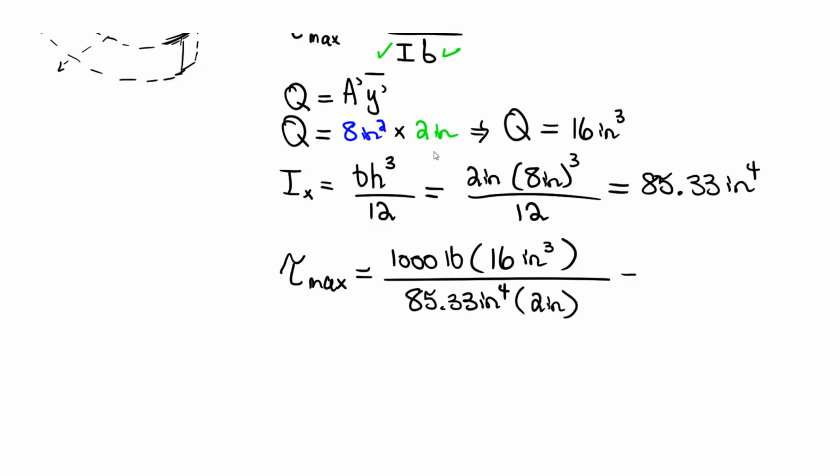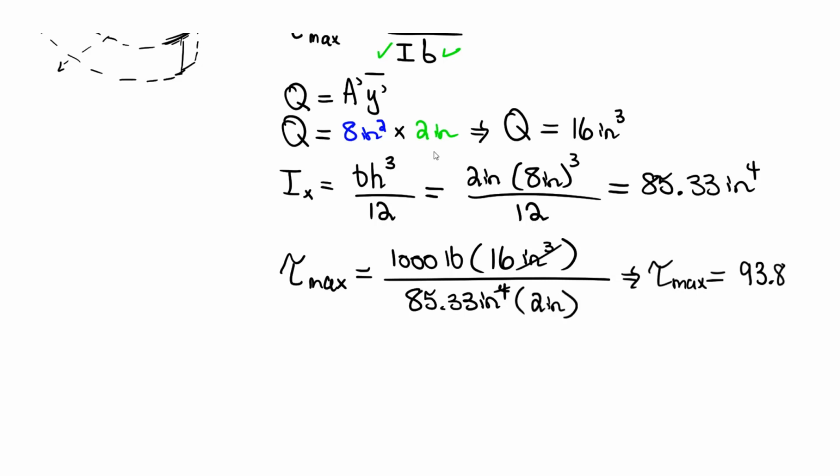So now we solve for tau max. And if you do that, so let me do the math. You do 1000 times 16 divided by 85.33, and you multiply by 2. And you get 93.75. So it's about 93.8. And you should get psi, right? You get psi because the inches to the third over inches to the fourth, this actually cancels.